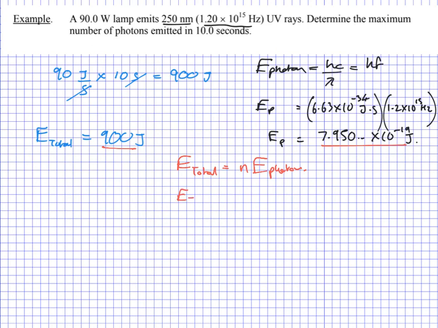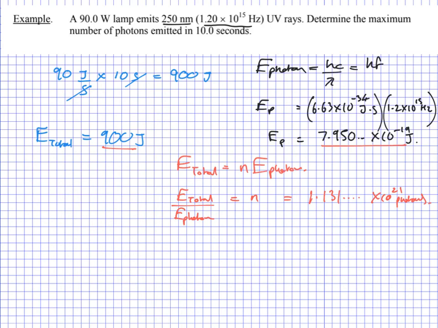So n is going to be the total energy divided by the energy of the photon. If I do that, I get 1.131, lots of other decimal places, times 10 to the 21. And there's no unit for that. This is just the number of photons.